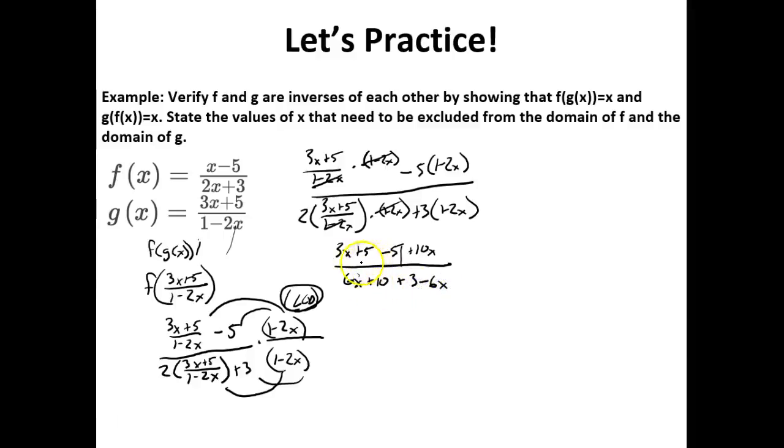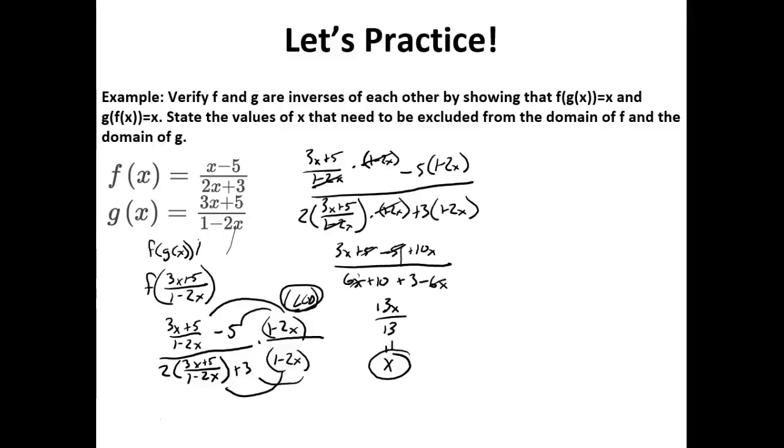So in the top, 3x, those are going to go away. We have 13x, and in the bottom, these go away. Over 13 simplifies into x. So when I put something into g and get this out, put it into f, it undoes it, and I end up back at just x.